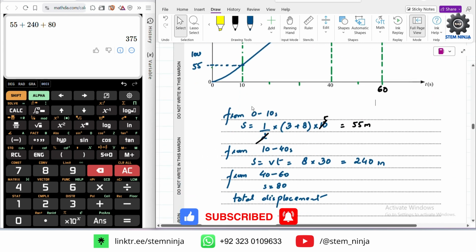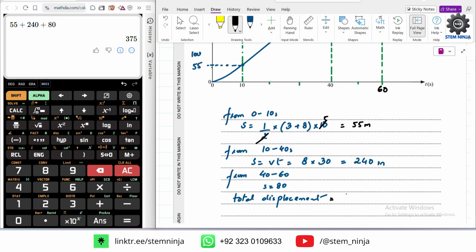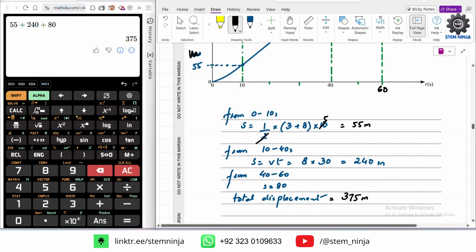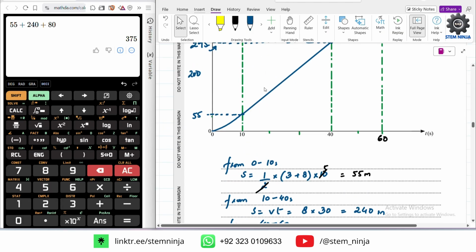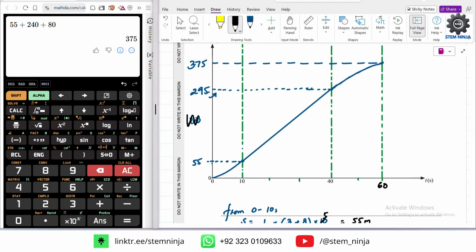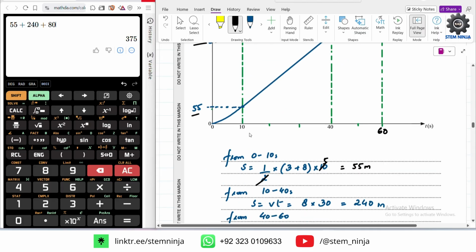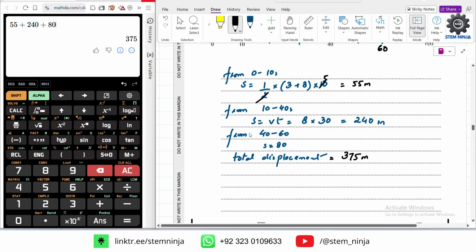Okay, so that's it. Total displacement is 375 meters. And we can delete this 100 also. Technically they only asked for 55 and 295. Alright, let's move on to the next question.